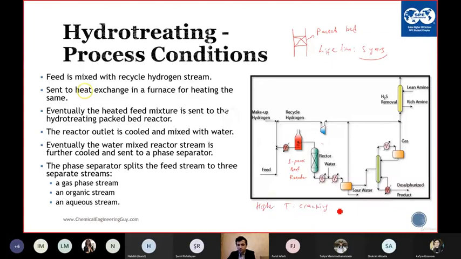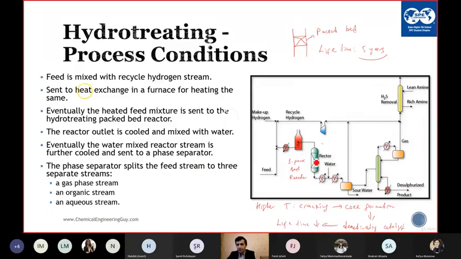When you have cracking, you will have the coke formation, more coke formation. What will happen? Deactivating your catalyst, and then when your catalyst deactivates at a higher rate, so lifetime will be lower.